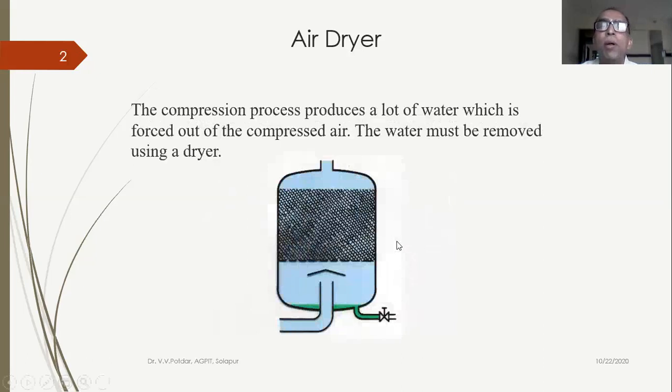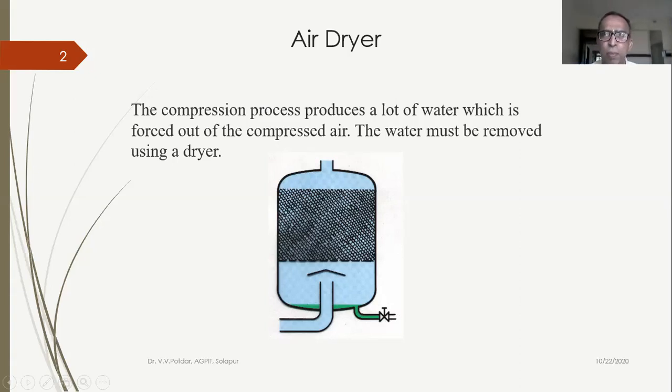Then you have an important element called the air dryer. The compression process produces a lot of water, which is forced out of the compressed air. The water must be removed using a dryer. There are different types of dryers which are essential for pneumatic circuits, because this compressed air will be doing some work through cylinders.